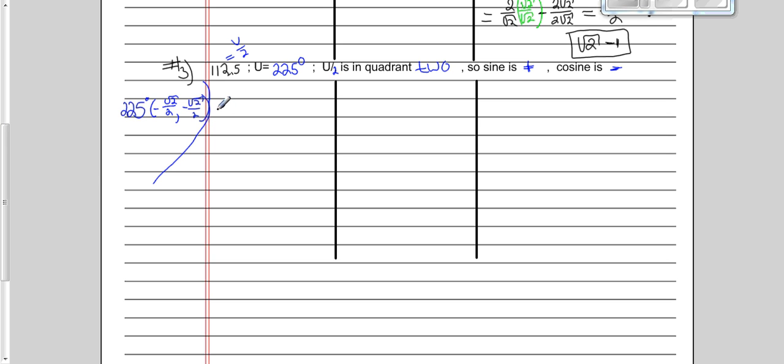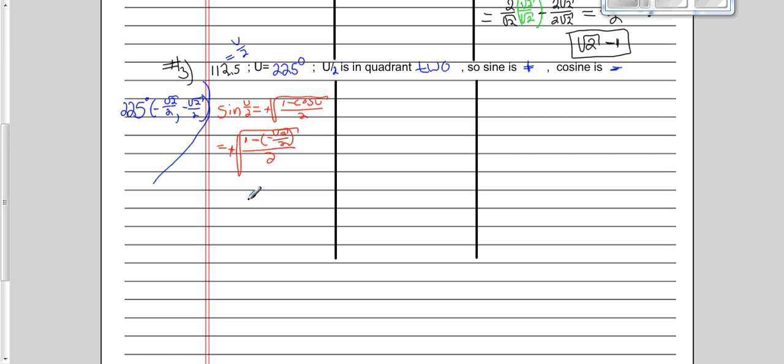All right, so we got sine u over 2 is equal to plus 1 minus cosine u over 2 all square rooted. Okay, and that's going to equal 1 minus a negative square root of 2 over 2 all over 2 square rooted.